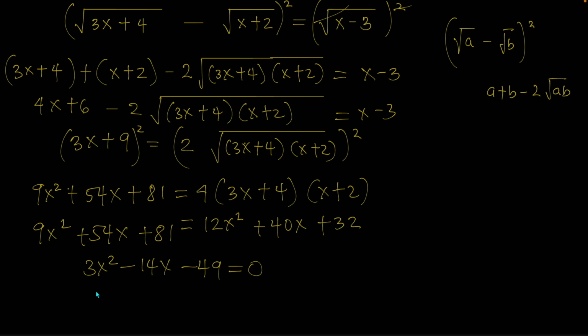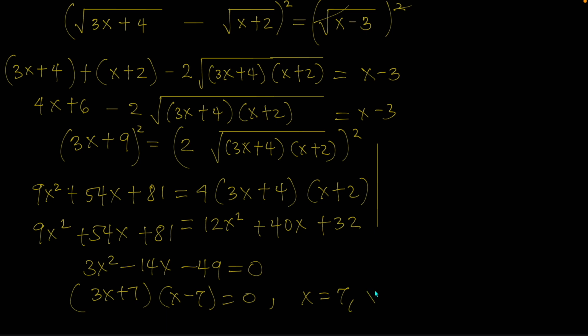So by factorization, you have 3x plus 7, x minus 7 equals 0. And then we know that x equals 7 and x equals negative 7 over 3.